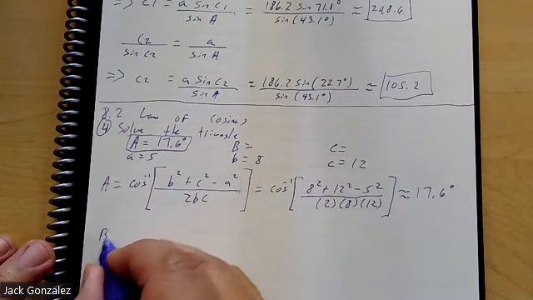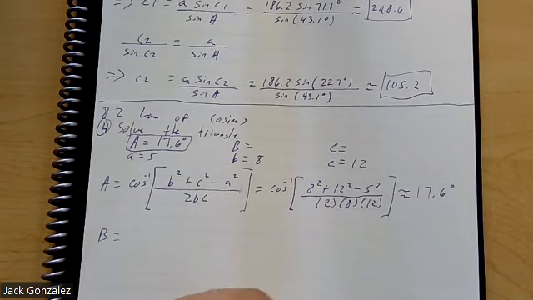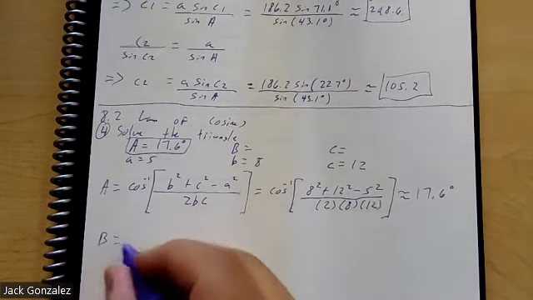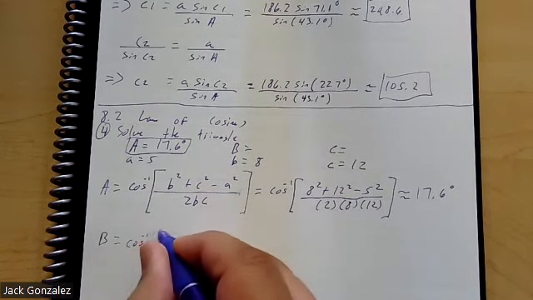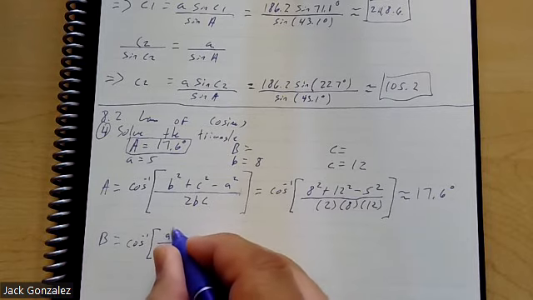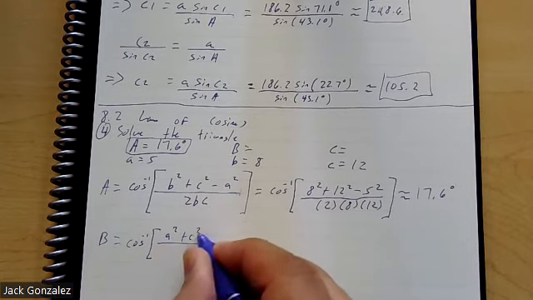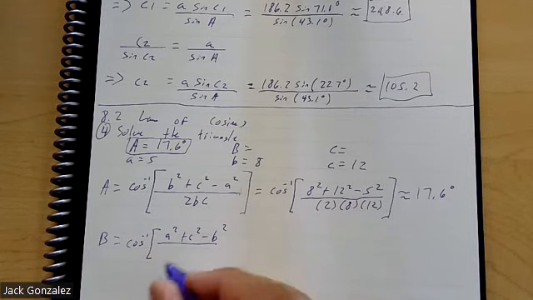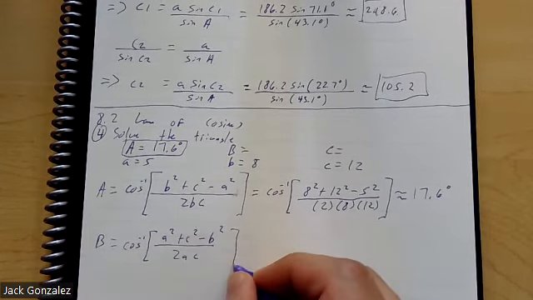So we don't think about any triangle stuff or multiple triangles. Formula for B is cosine inverse of a squared plus c squared minus b squared over 2ac.